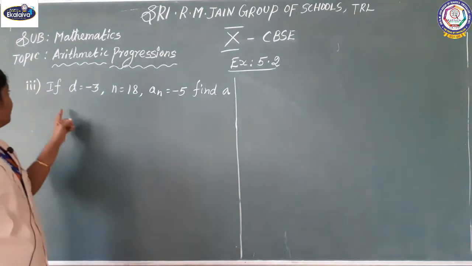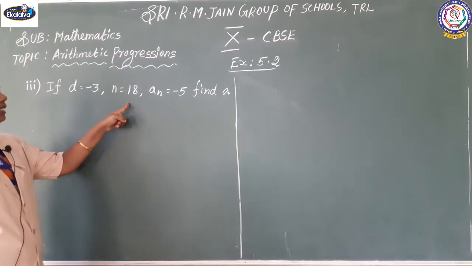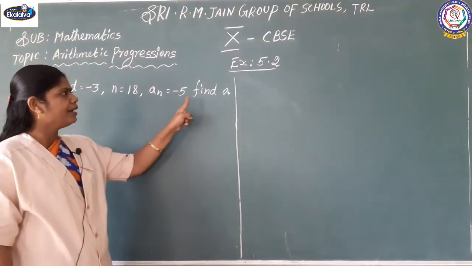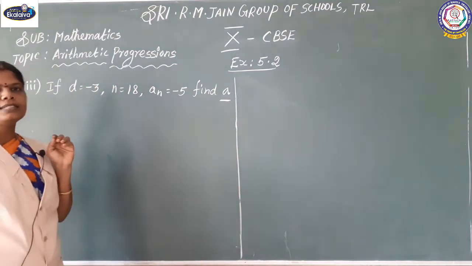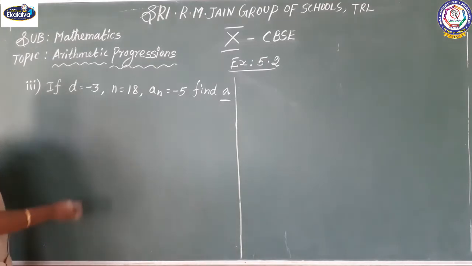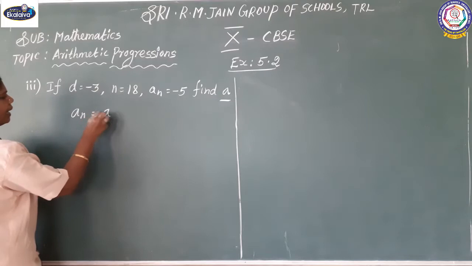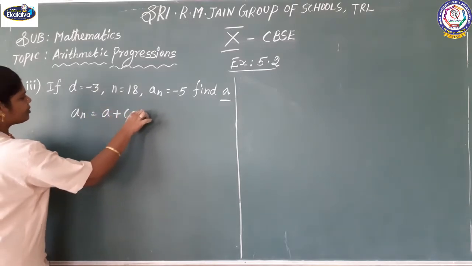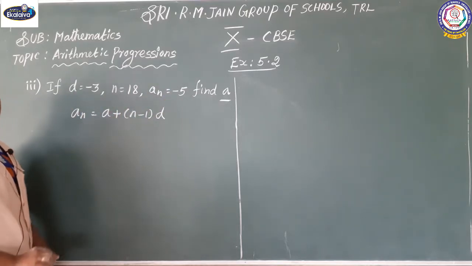See the next question. If d equal to minus 3, n equal to 18, an equal to minus 5, find a. a represents the first term, we are going to find. So we know that an equal to a plus n minus 1 into d. Here an equal to minus 5.